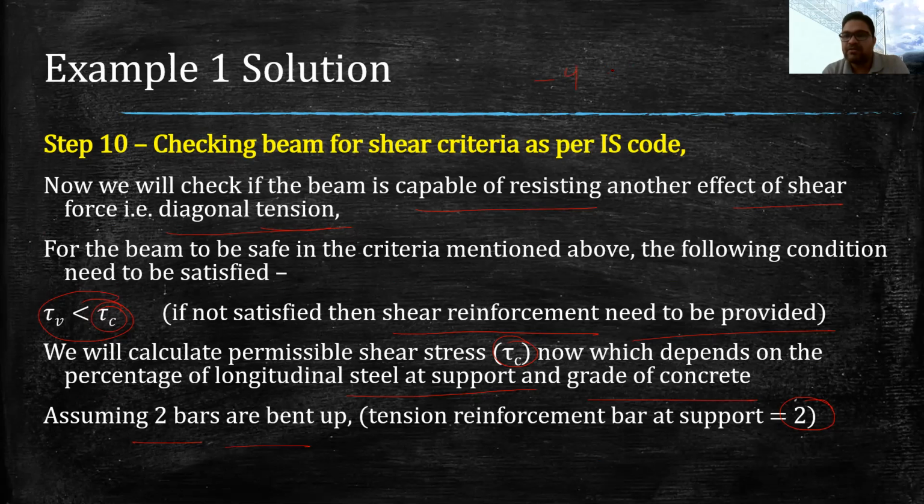As per the condition, the minimum tension bars at support should be 2. So if we are providing 4 bars, we can bend up 2 bars. For example, if we had 5 bars, then we could bend up 3 bars. Basically, at least 2 bars should be there at the support. So I am assuming here that 2 bars are bent up.